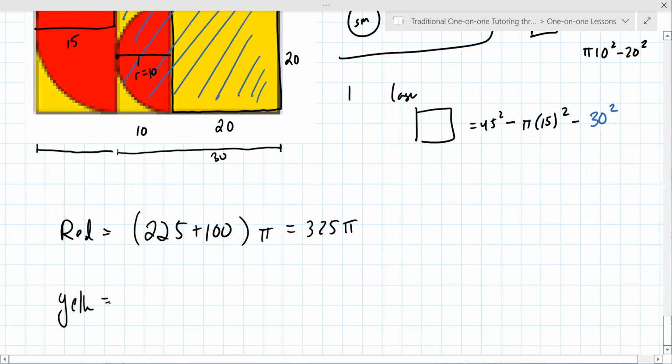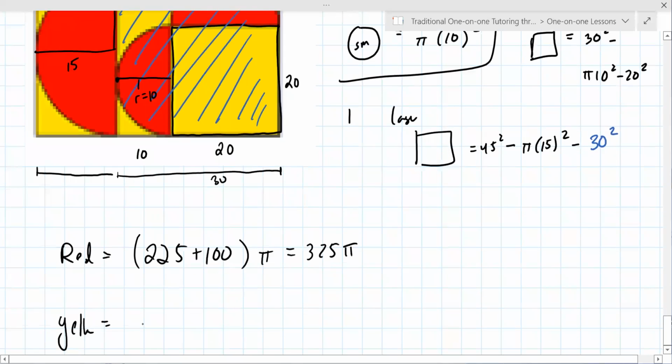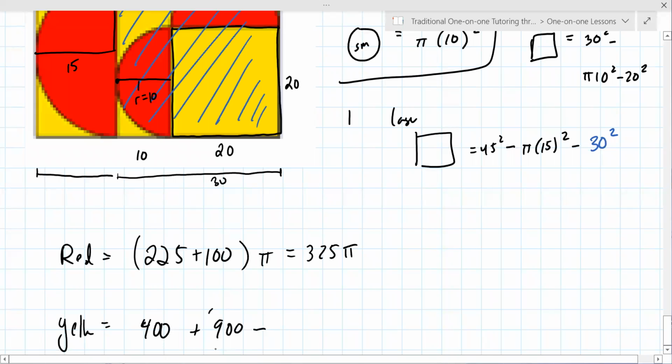But the yellow appears bigger, but because you're subtracting out stuff, it's the 20 squared, the 400, plus the 900 minus 100 pi minus 400 plus the 45 squared, minus the 225 pi minus the 900.